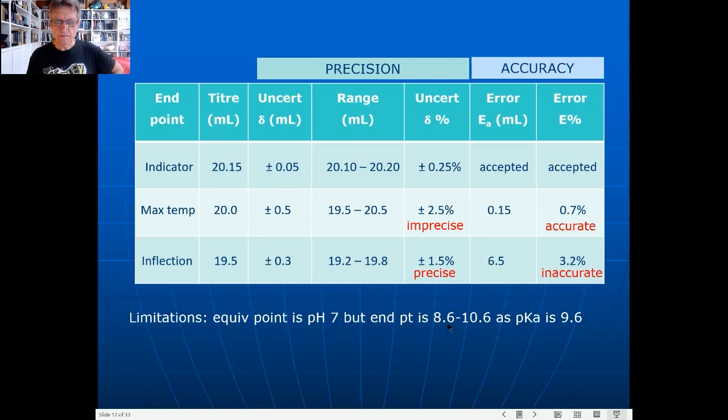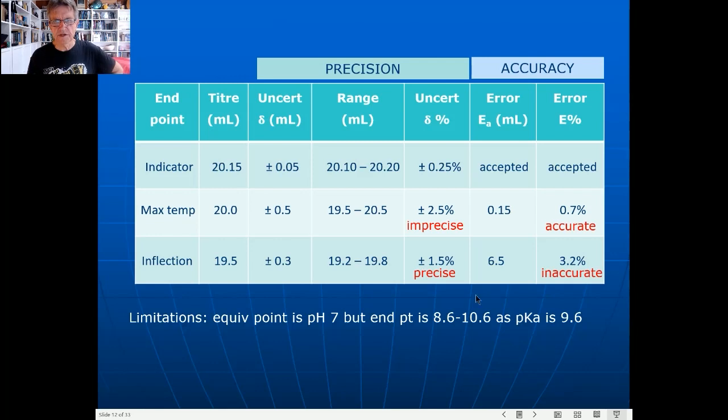So the endpoint with phenolphthalein is probably 8.6. Now in industry we use 8.2 as the endpoint for a phenolphthalein indicator in a weak acid, strong base titration.